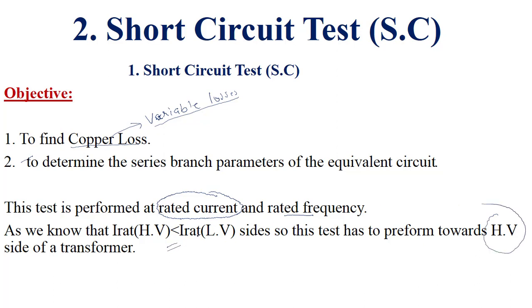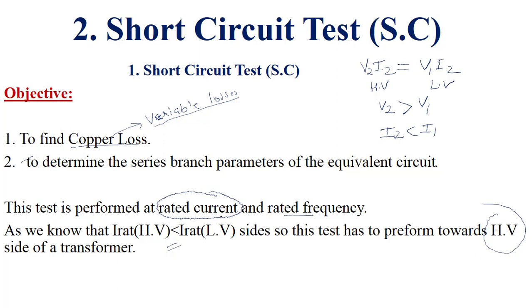As I explained before, let the rating of the transformer on both sides be V1, I1 on the low voltage side and V2, I2 on the high voltage side. It means V2 is greater than V1 because this is the high voltage side, so obviously I2 must be less than I1. The rated current on the high voltage side is less than the rated current on the low voltage side.